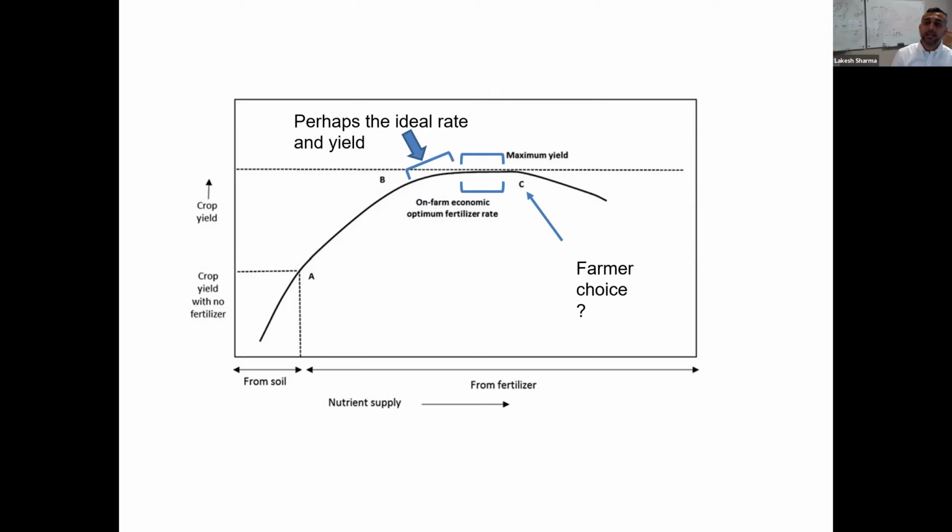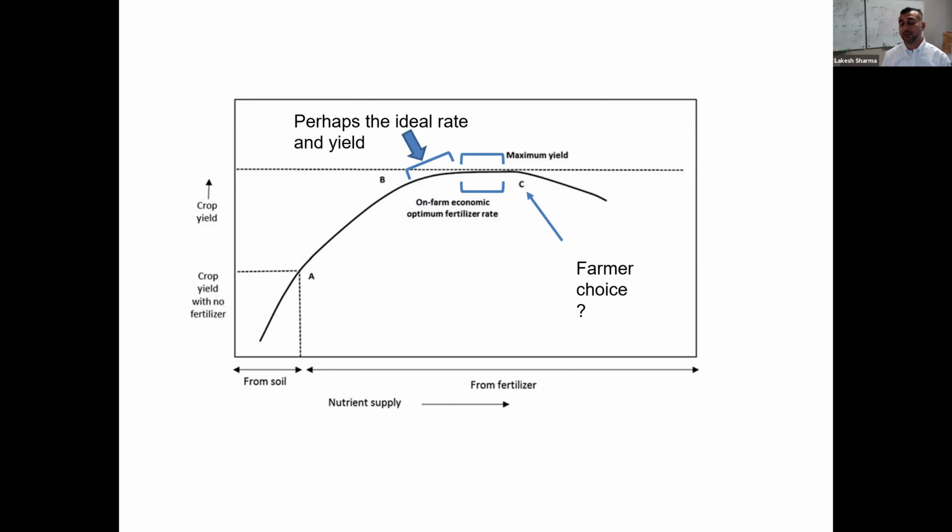So the ideal rate, why I call this ideal, could be because of the yield side. If you look at the price of nitrogen versus the yield increase, also the environmental factor plays a huge role, but it's been studied in various places that before you reach your maximum yield, your economic benefit starts reducing.